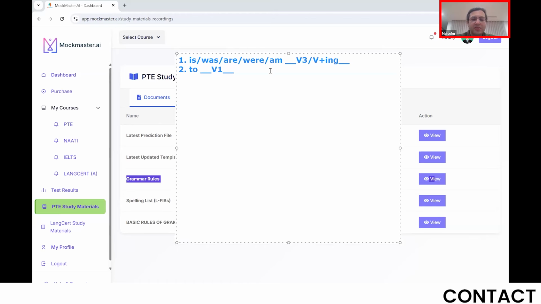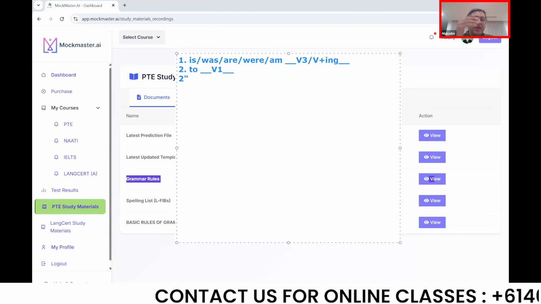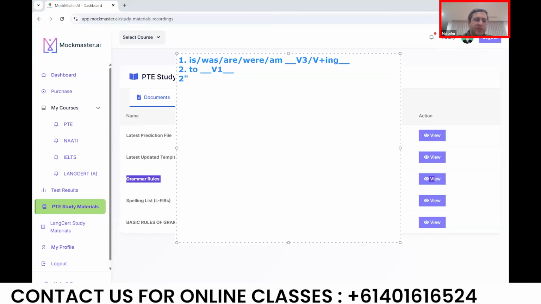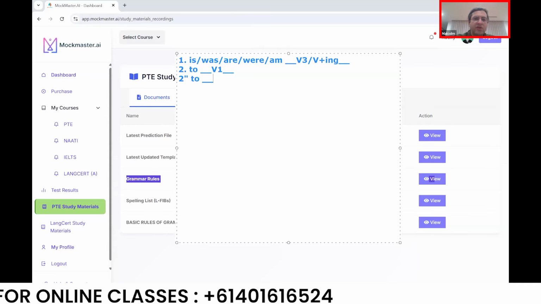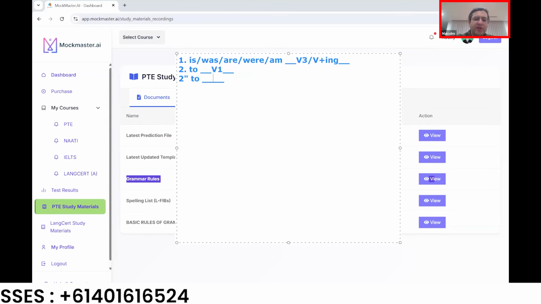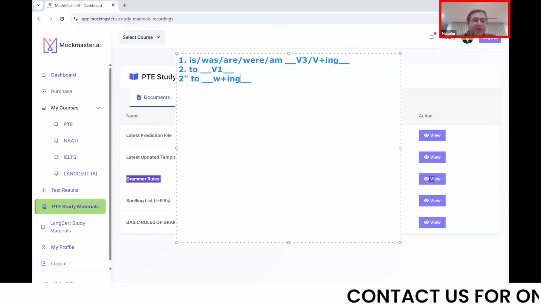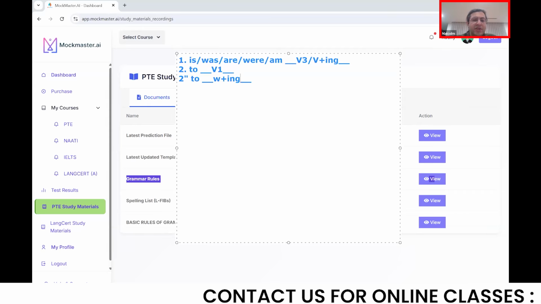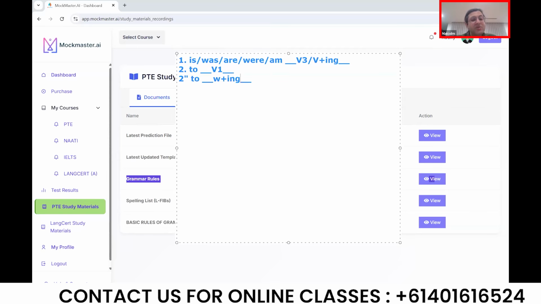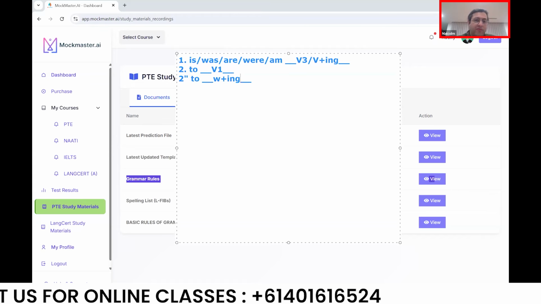There's another auxiliary to this rule, auxiliary or corollary, meaning an exception to the rule. Sometimes after "to", we can also have a word ending with -ing. Then it's not a verb, it's a noun called a gerund, G-E-R-U-N-D. That is a special type of noun which sounds like a verb, but actually it is a noun.